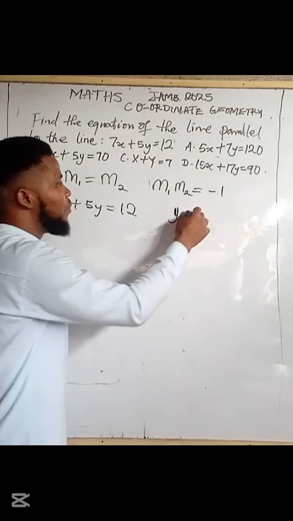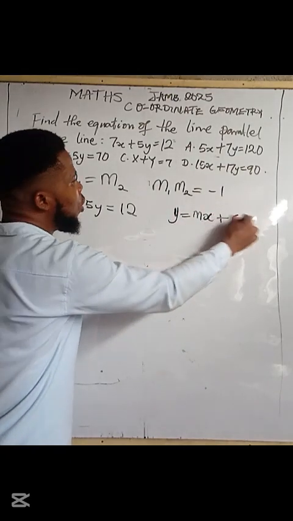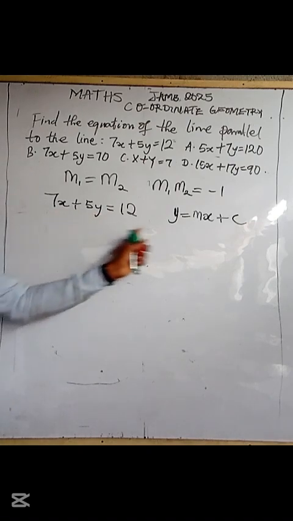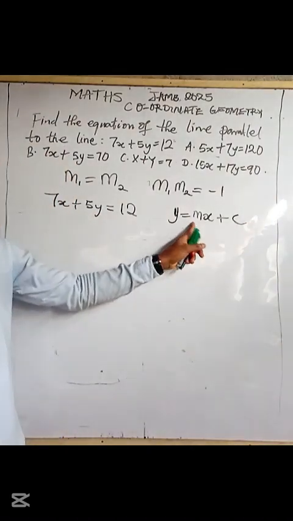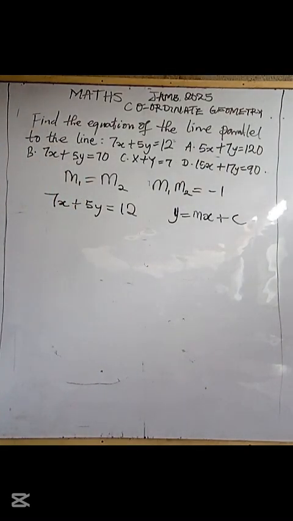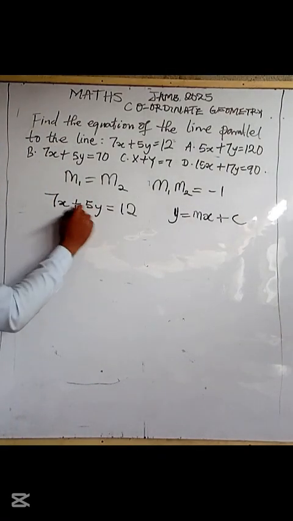This is the general equation of the line. So if I make y in this equation subject of the formula, it's going to coincide with this. And then the coefficient of x will be my what? My slope. So let's make y subject of the formula now.